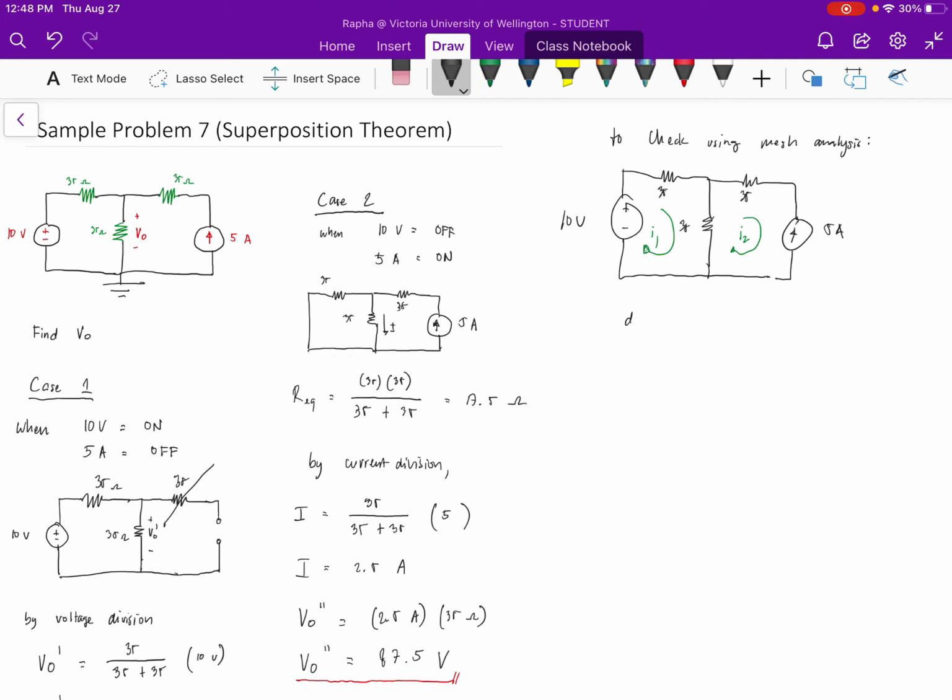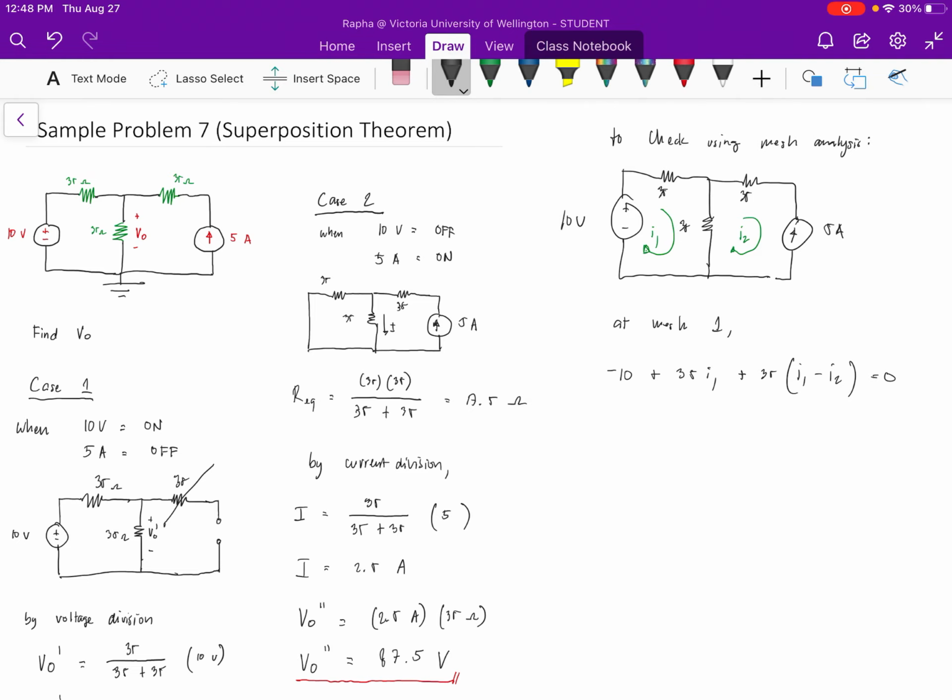At mesh 1, we have negative 10 volts plus 35I1 plus 35(I1 minus I2) is equal to 0.